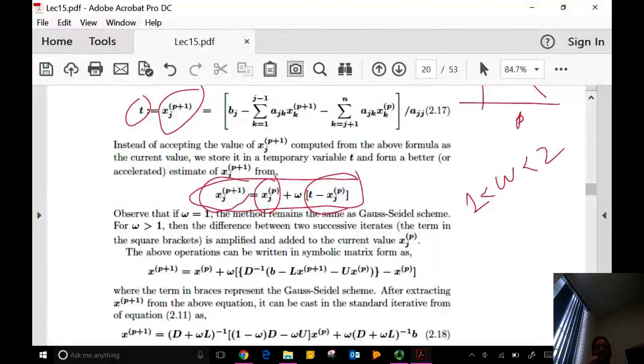Now, the idea is also used, particularly for nonlinear systems, as under-relaxation between 0 and 1. If the system blows up, you try to calm it down by saying, I'm not going to use the full projected value, but use only a small fraction of the projected value. So 0.2, 0.3, etc. This is something you can play with in COMSOL.